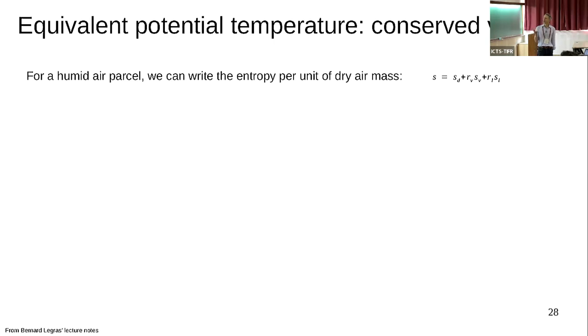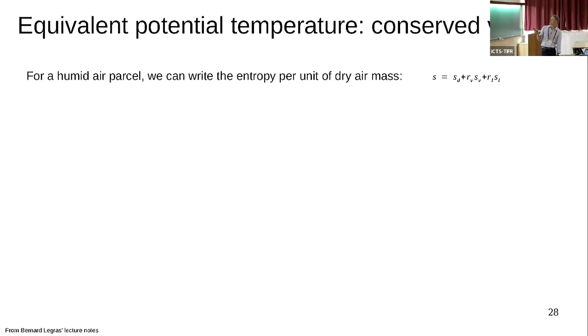Typically, it's done by using the entropy of that parcel. Usually people write the entropy S, and they say, okay, we have dry air, we have water vapor, we have some liquid. You could have ice, but let's not take it, it just makes things more complicated. Then you say it's going to be conserved for a reversible adiabatic transformation of that air.